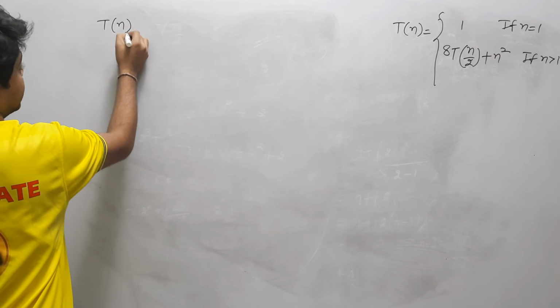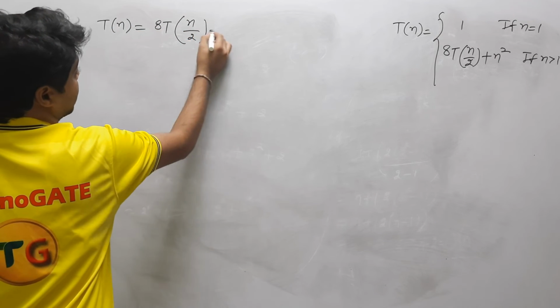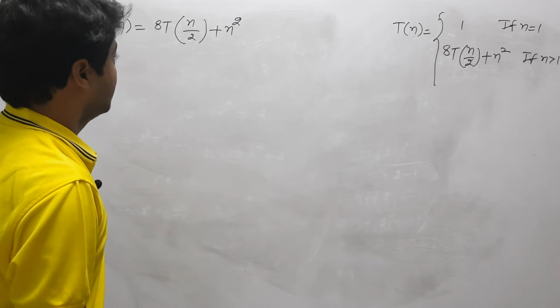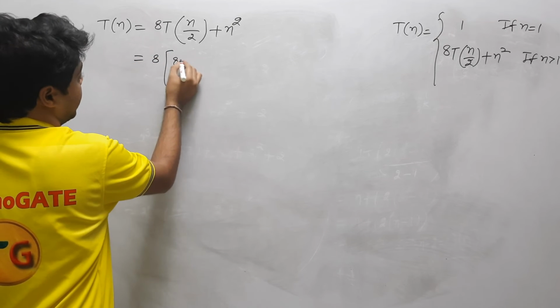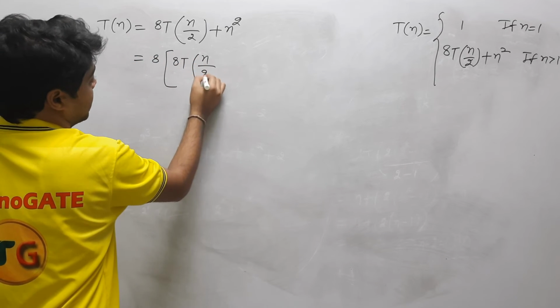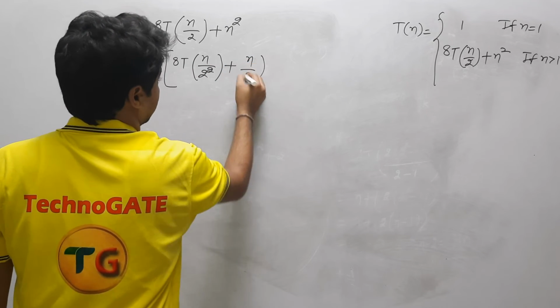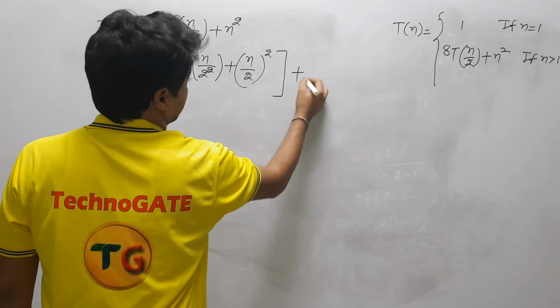So T(n) is 8T(n/2) + n². This is the substitution method. So 8T(n/2)² plus (n/2)², and plus n² here.